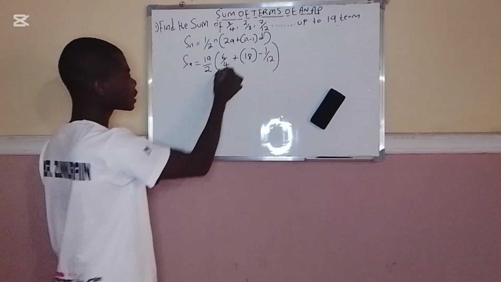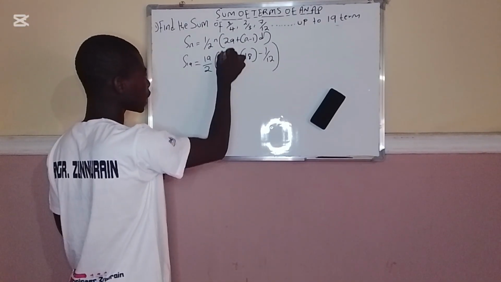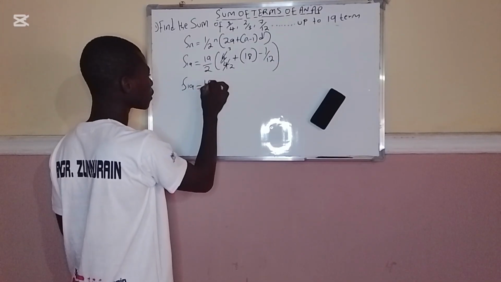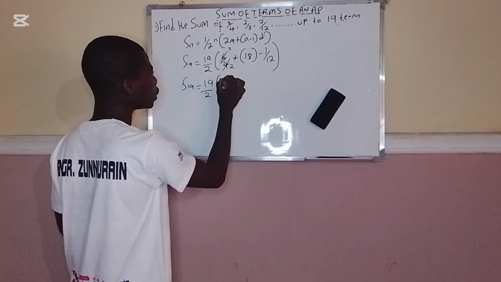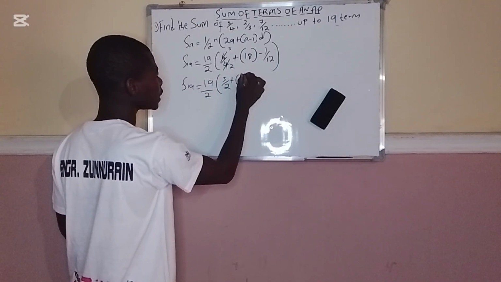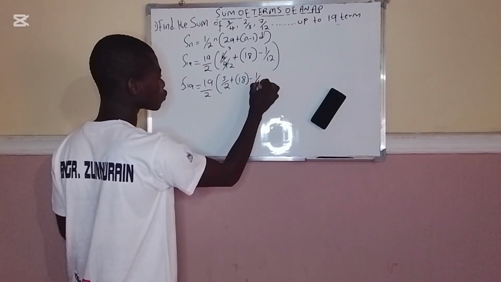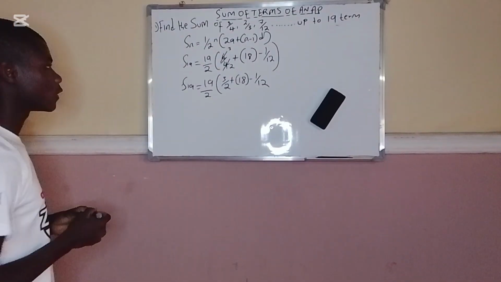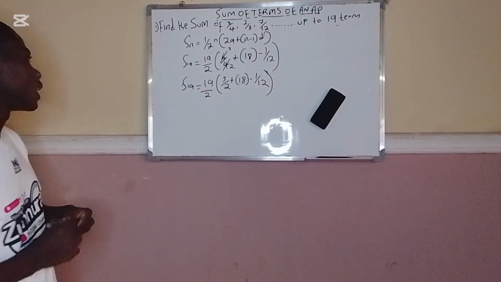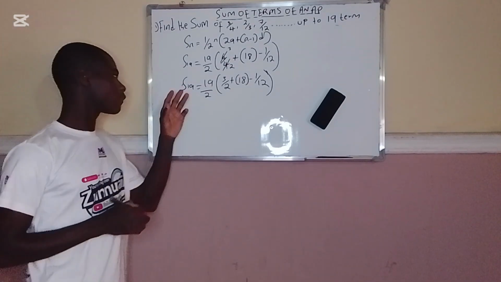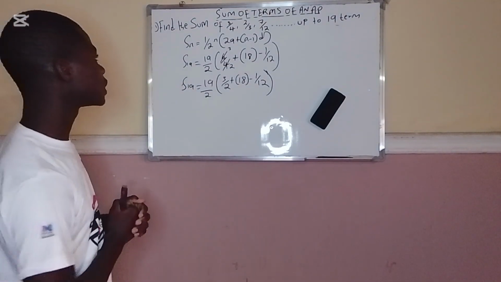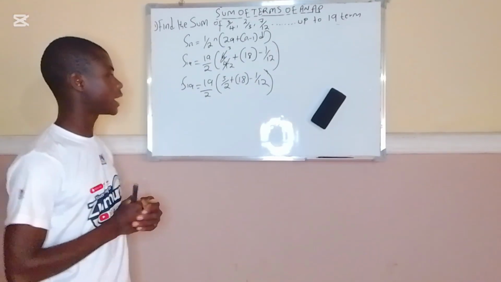As you can see, 2 goes into 6 three times and into 4 two times, so S of 19 equals 19 over 2 times the bracket 3/2 plus 18 times minus 1/12. We are finding the value of S19, the sum of 19 terms.